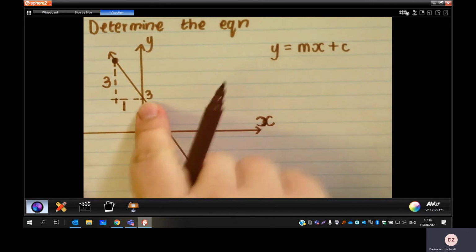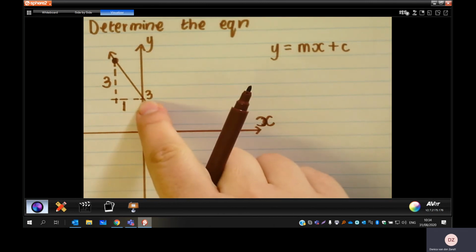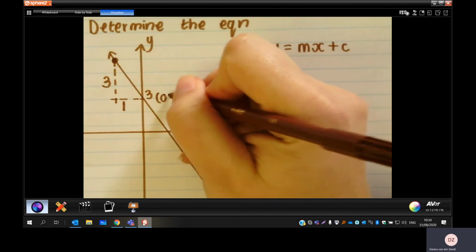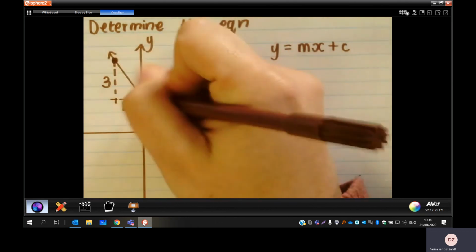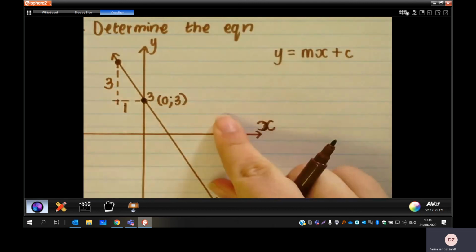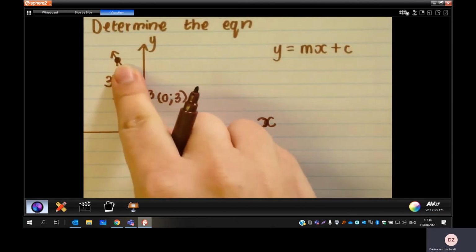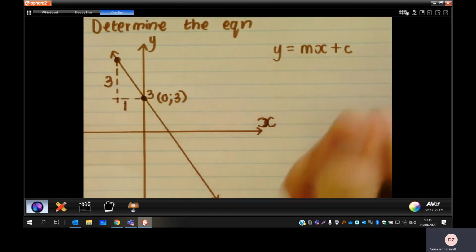So here where I cut my y-axis at 3, what is that coordinate at that point? X is 0, so the coordinate is 0 for x and 3 for y. Okay, so that's my one coordinate. Now, I do give you the point of the other coordinate, and I give you information that will get you the other coordinate, but I don't give you the coordinate itself.